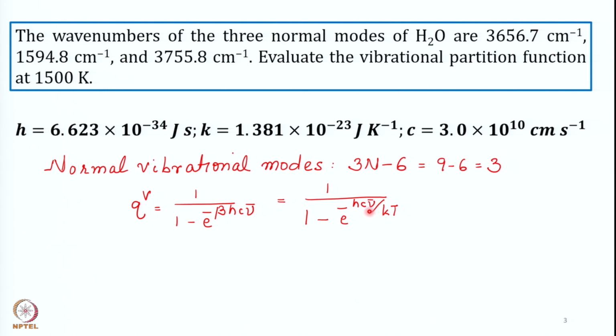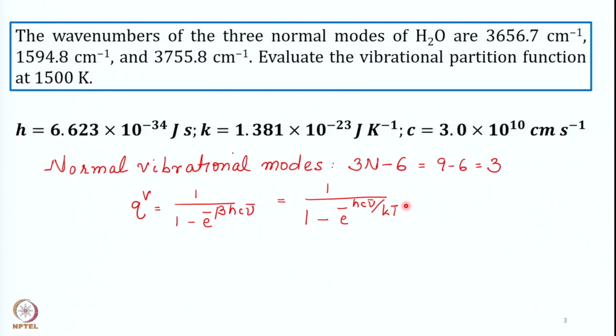Once you substitute the values of nu bar here with appropriate values for h, c and k, you can calculate the vibrational contribution. Remember that we have also discussed another result, the high temperature result. Whether to use that or not depends upon the vibrational temperature.